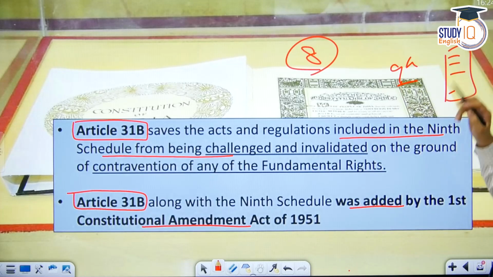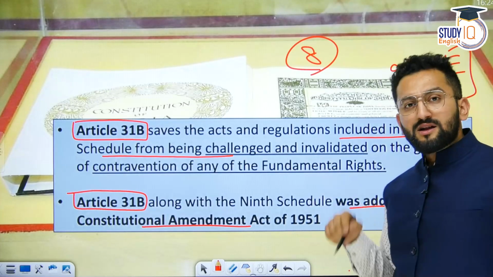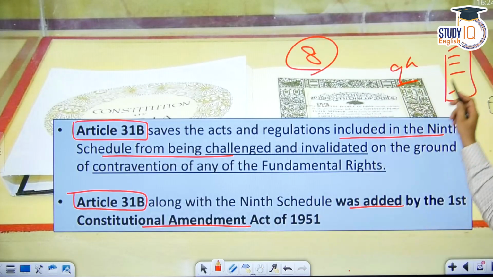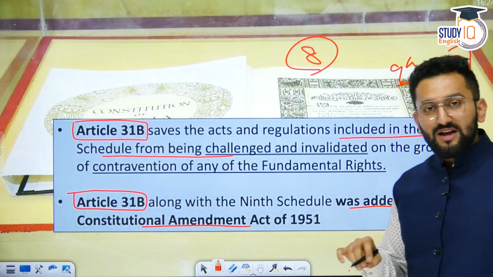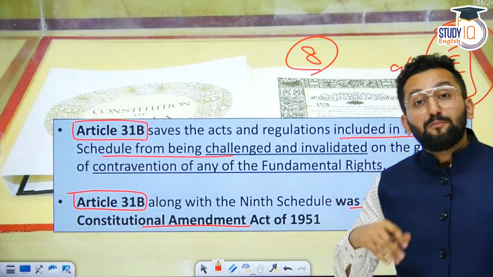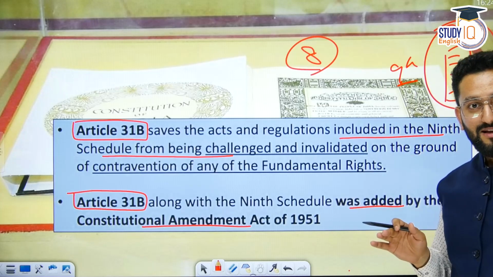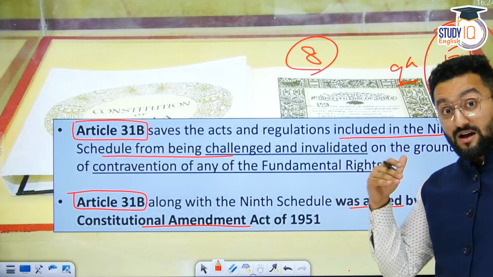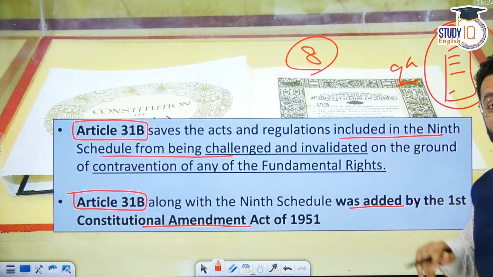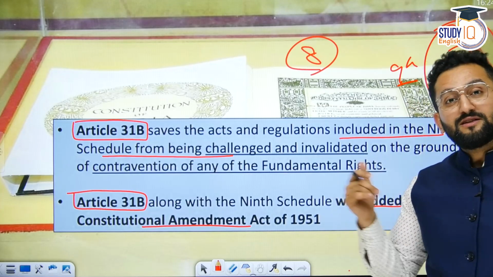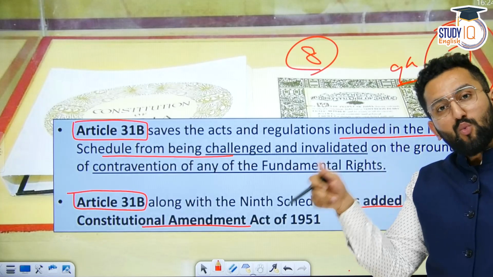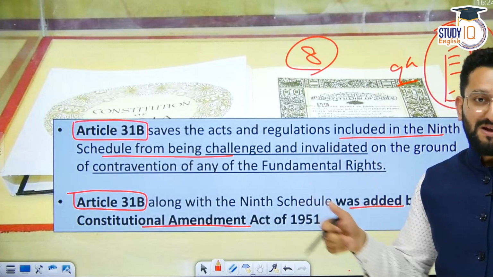And this Article 31B is saying any law which is added by a government in this 9th Schedule of the Indian Constitution will be considered beyond judicial review. So the Article 13 judicial review power won't be applicable on any law which is mentioned in Schedule 9, right? So I hope you understood what it was and why it was made.